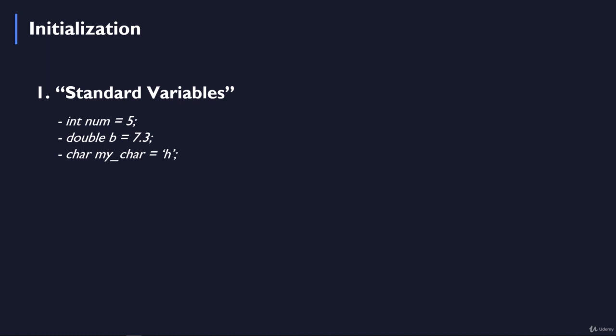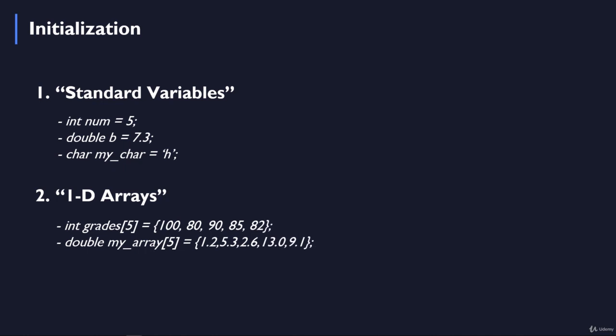Also, if we wanted to initialize one-dimensional arrays, if you remember correctly, we used the curly brackets right after the assignment. So when we specified int grades with 5 elements, in the curly brackets we specified all the values that this grades array will have.